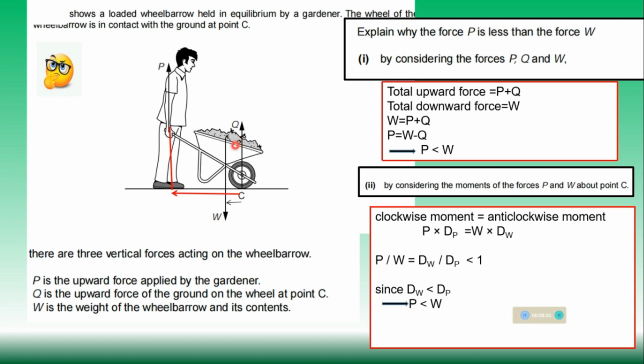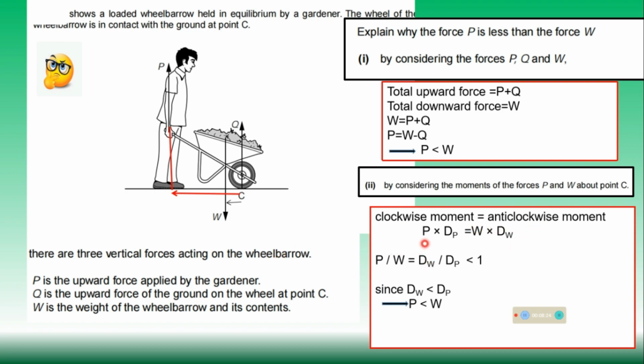So the total upward force is P plus Q and the total downward force is W. W is equal to P plus Q, and P is equal to W minus Q. So P will always be less than W. By considering the moment of the forces P and W about point C, clockwise moment is equal to anti-clockwise moment.